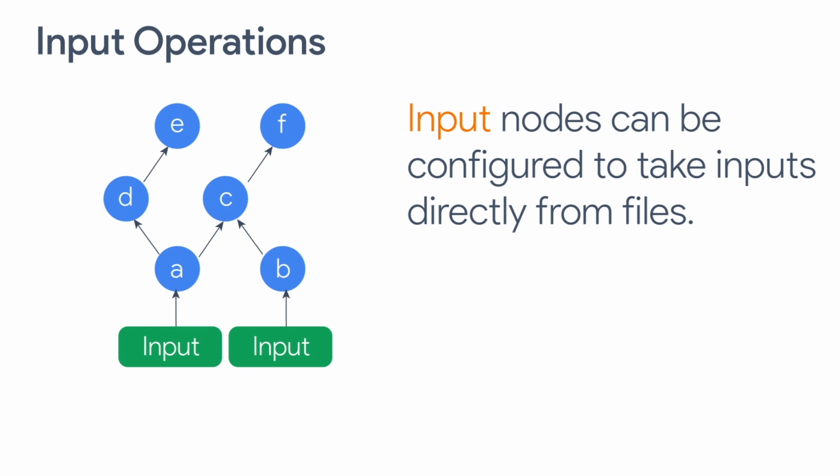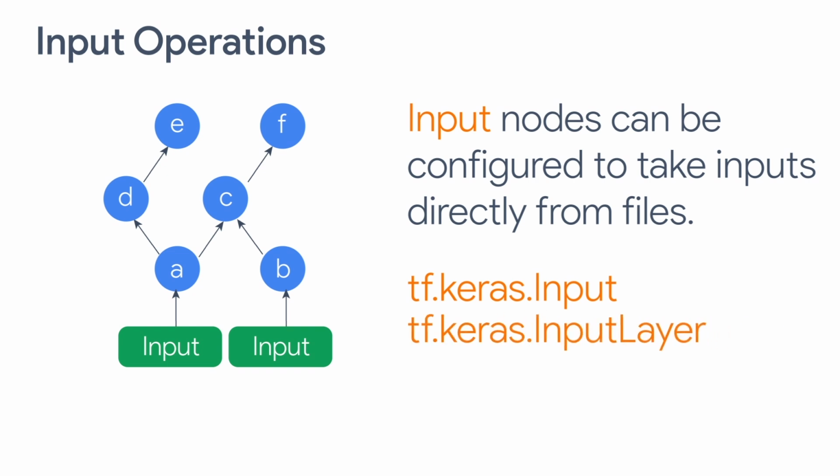This is a more flexible approach because almost all data sets are stored as files. With the help of tf.keras.Input and tf.keras.layers.InputLayer, we can add input operation nodes to the execution graph.